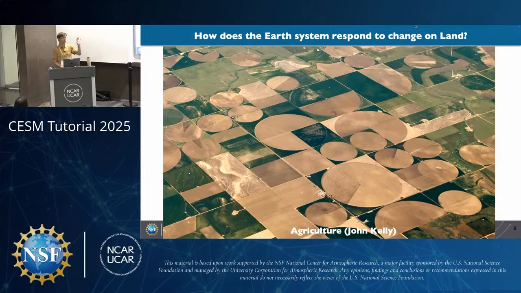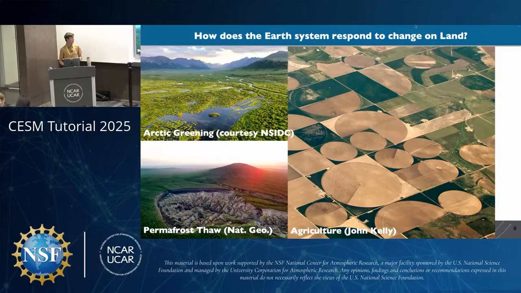Anyway, agriculture is one real-world example of how we're physically changing how the land surface looks. That has important climate, biogeochemical, and biogeophysical feedbacks. There are some other things happening because of the actions we're taking on land, and these are kind of remote. There's evidence for Arctic greening across wide swaths of the Arctic, where you can see plants greening up and staying green for longer as snow melts earlier and summers are longer.